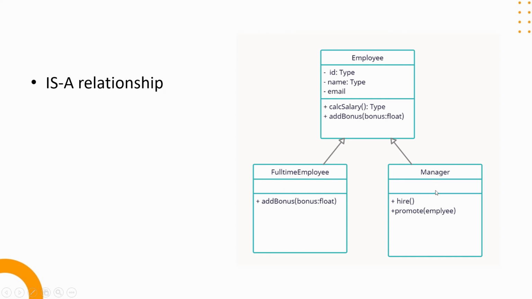And the manager class will extend the employee class, and the full-time employee class will also extend the employee class. We call this an "is a" relationship, meaning that the full-time employee is an employee and the manager also is an employee.